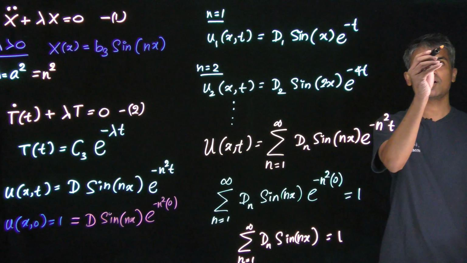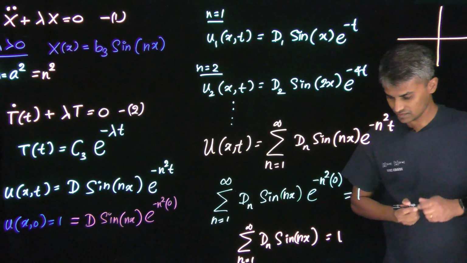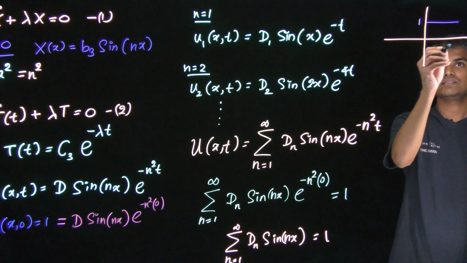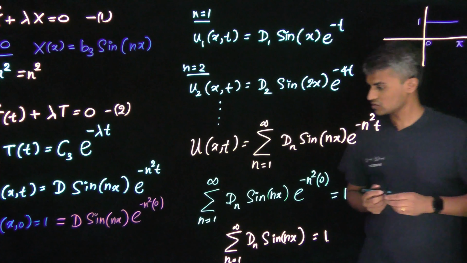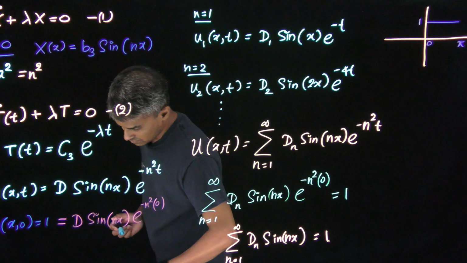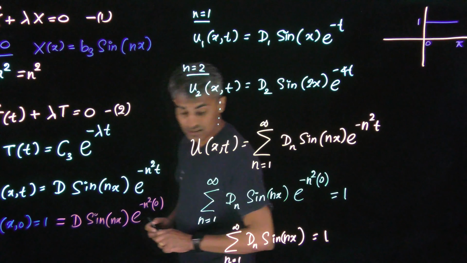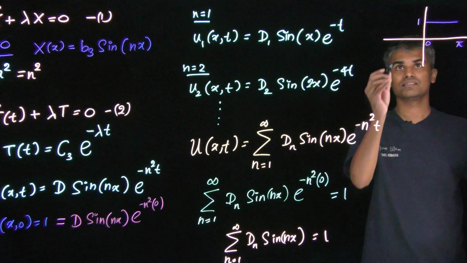So, if you think about the odd function, let us say this is 1, x goes from 0 to pi, and let us construct the odd function for this.